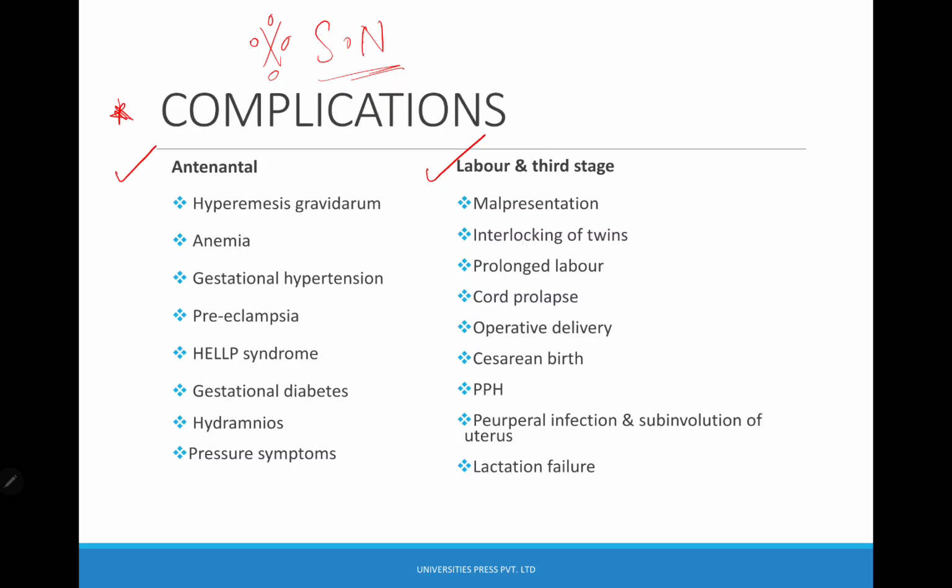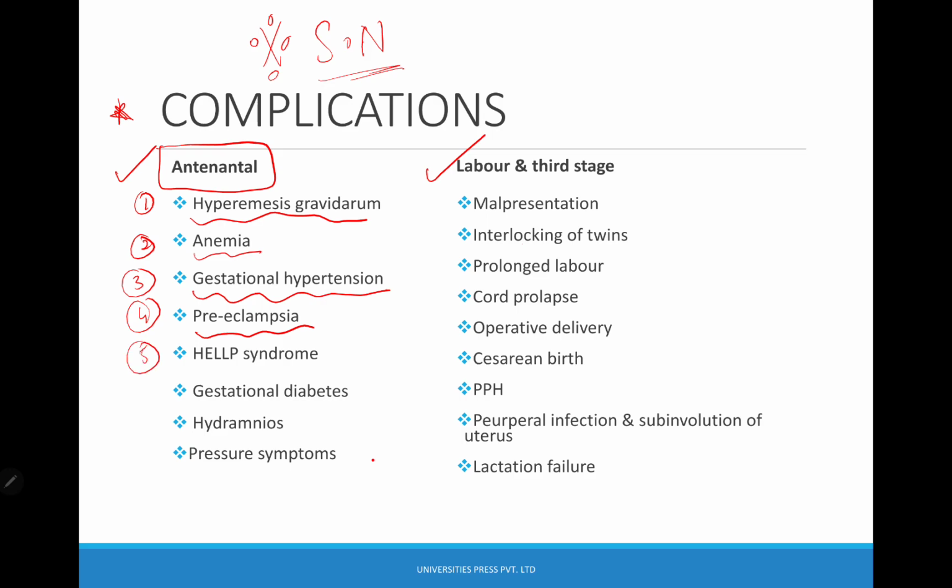So what are the antenatal complications? The first one is hyperemesis gravidarum, and then we have anemia and gestational hypertension, preeclampsia, HELP syndrome. So what is this HELP syndrome? This you must know.